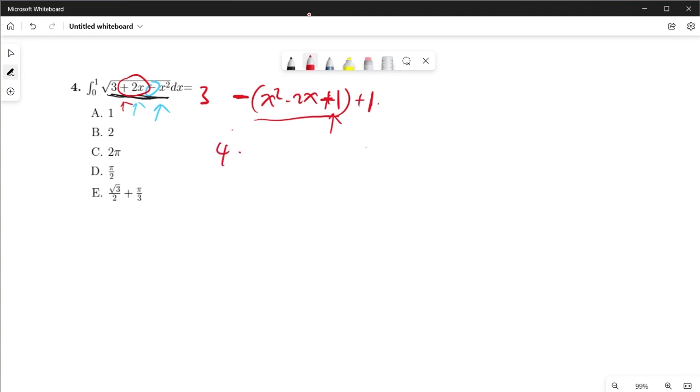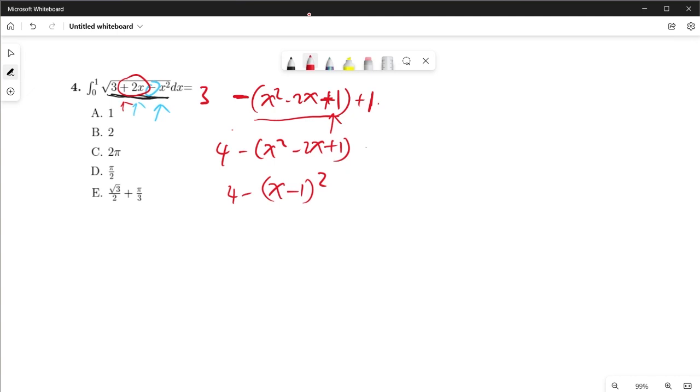So then we have 4 minus x squared minus 2x plus 1 in parentheses, right? And you can distribute this out, and this would just be the original equation. So this will be 4 minus x minus 1 squared.